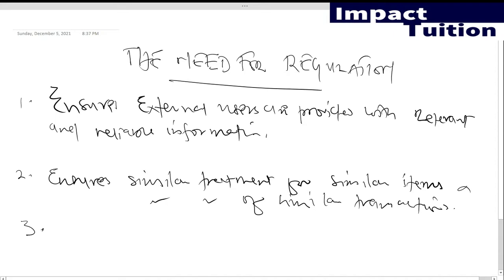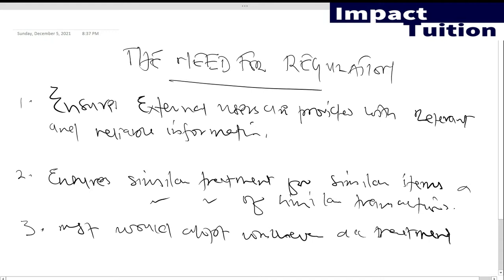The third obvious reason for regulation is that it allows management to adopt whichever accounting treatment that presents its results and position in the best possible light. Management would adopt whichever accounting treatment best presents results.